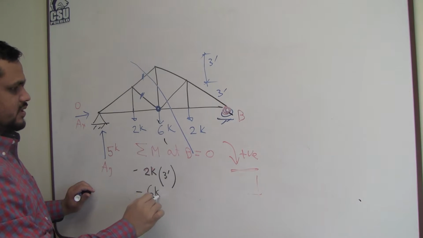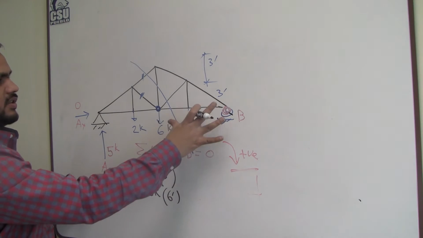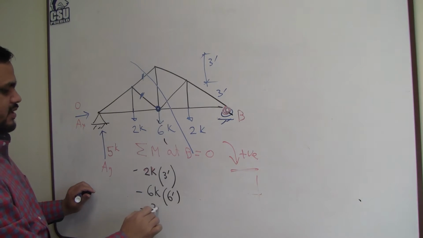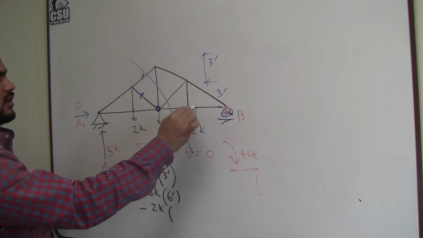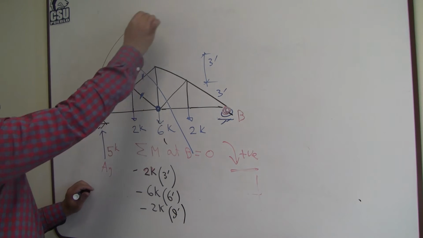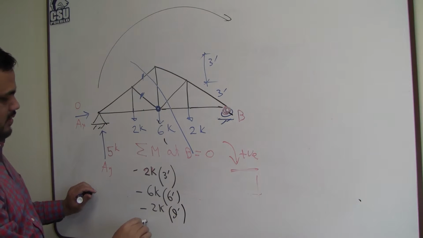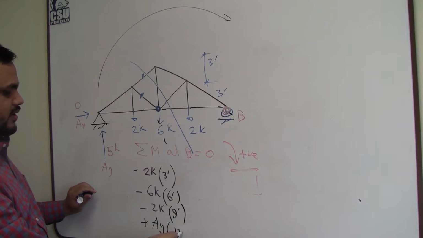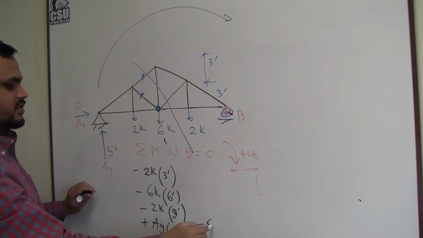So minus 6 kips times 6 feet. Then 2 kips, again minus 2 kips times 3, 3, 3, 9 feet. Then this will give clockwise moment. So plus AY times 12 feet equals 0.